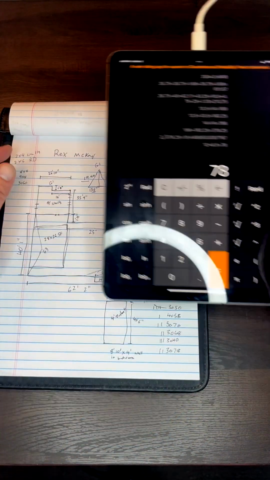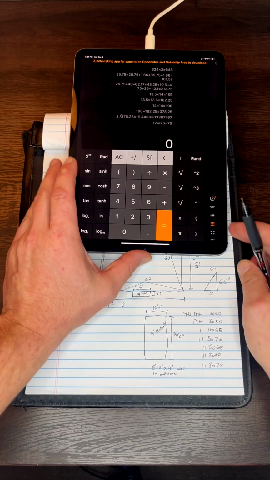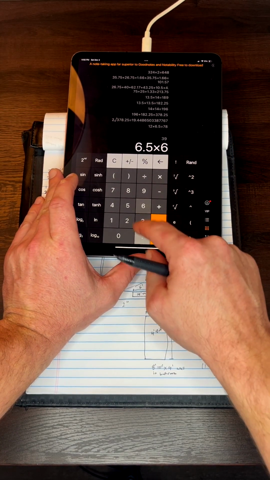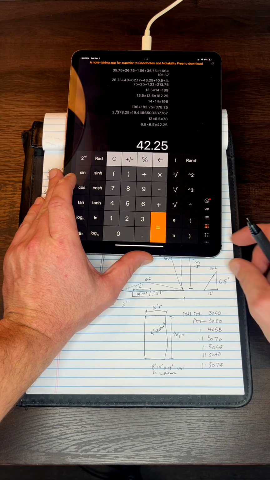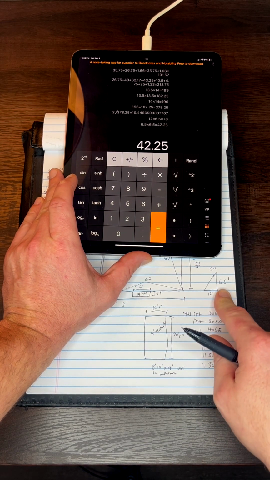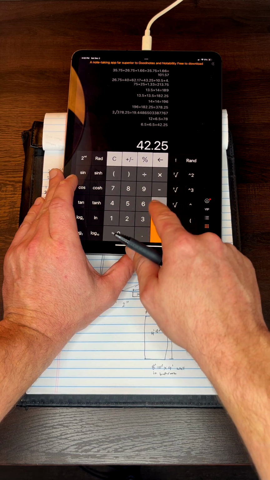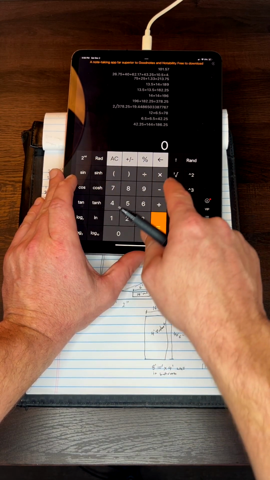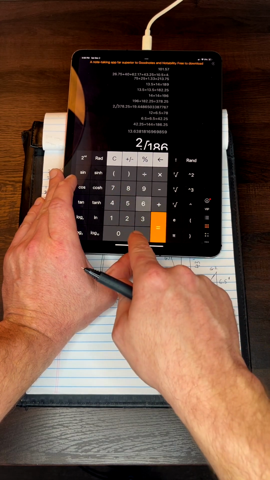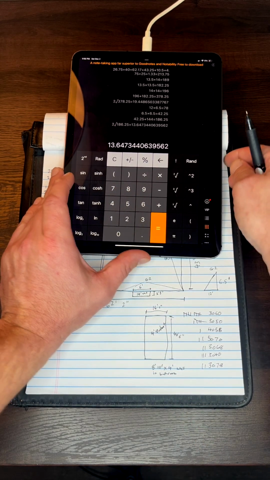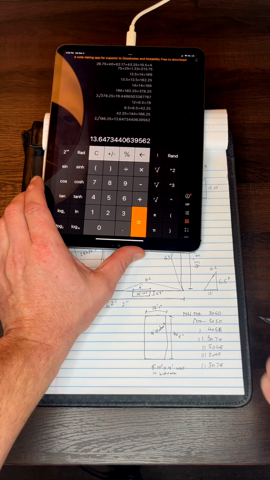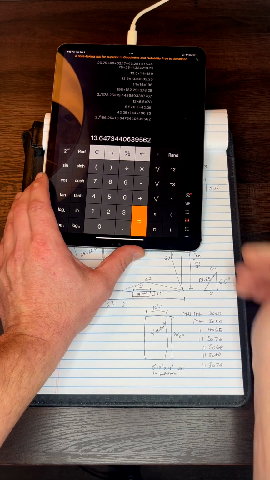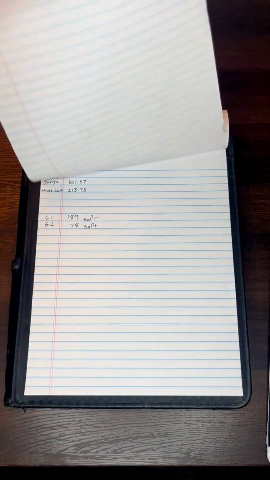And then we've got 6.5 times 6.5 equals 42.25 plus 12 times 12, which is 144, equals 186.25. Square root of 186.25 equals 13.65, we're gonna say. And we have G2 written down correct.